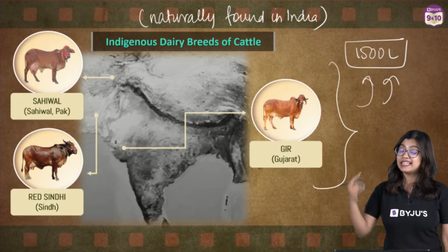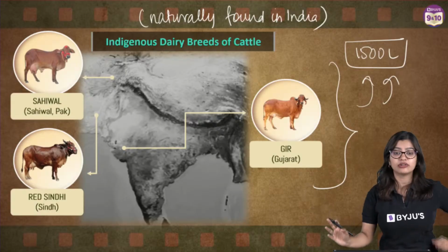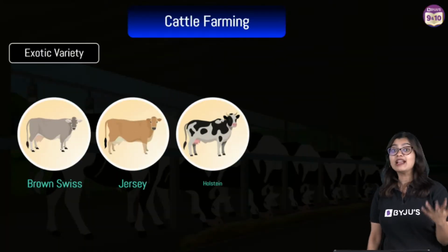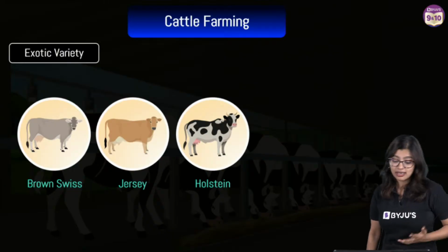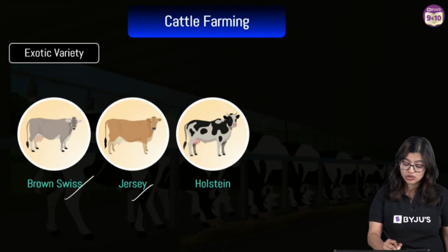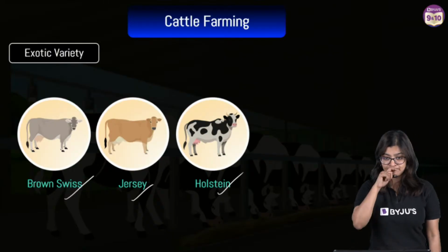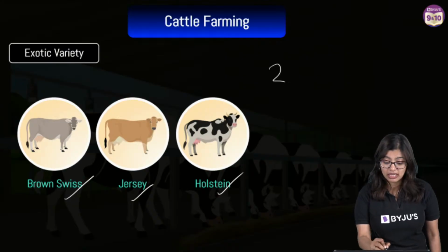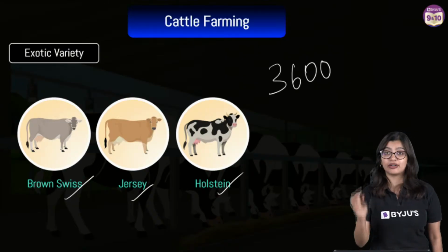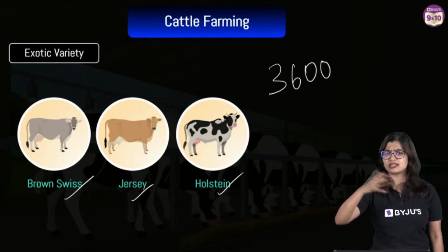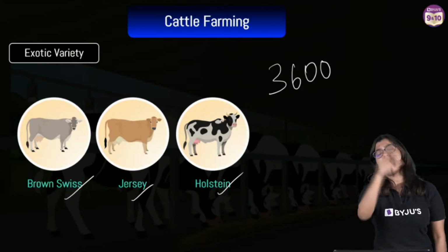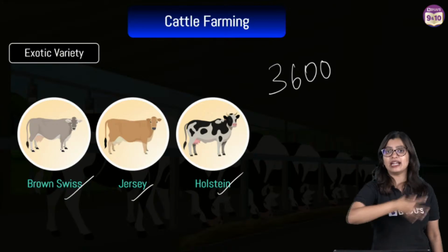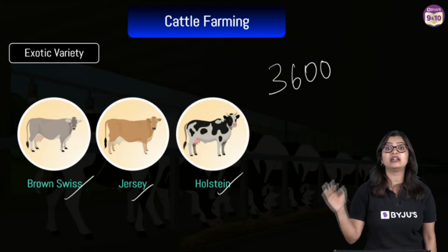But the demand is much higher than 1,500 liters, which is why exotic varieties, that means varieties from other countries, for example Brown Swiss, Jersey, Holstein, were all brought into the country. They were giving me 3,600 to 4,000 liters roughly. I'm not giving you an exact estimate, around that much. So they were giving me double of what the indigenous cows found in India were giving.